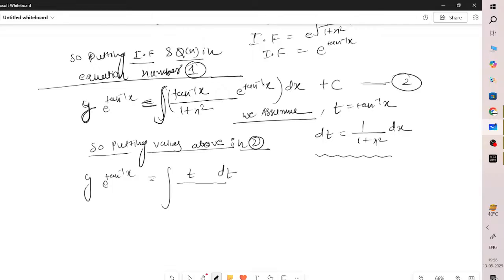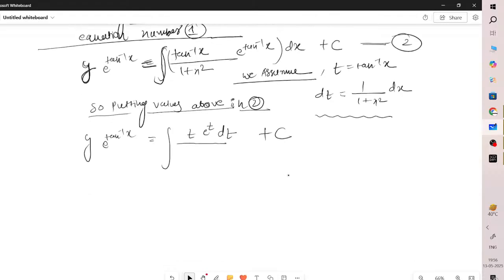And here tan inverse x is t, so we write t here. Our integral constant we don't integrate, because there is no such integral here. We don't integrate this side in this type of question.